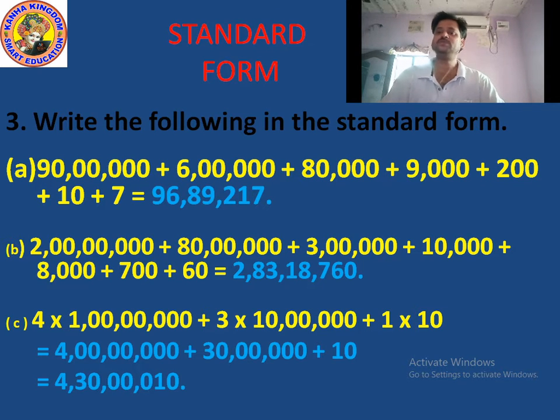Okay, so first part, that is the A part. 90 comma 00 comma 000 plus 6 comma 00 comma 000 plus 80 comma 000 plus 9 comma 000 plus 200 plus 10 plus 7.